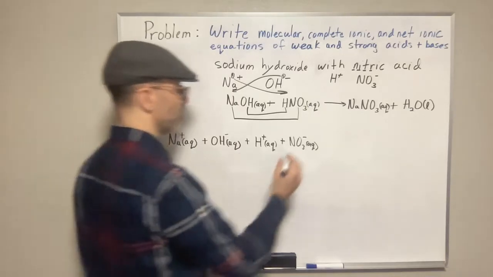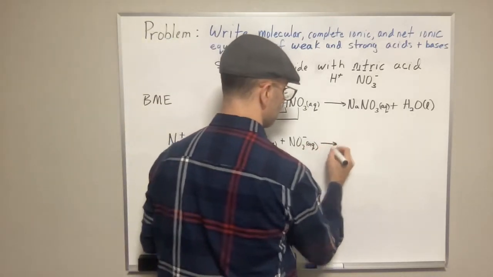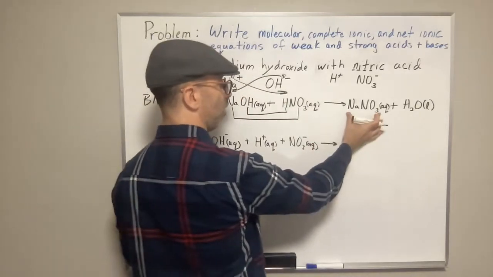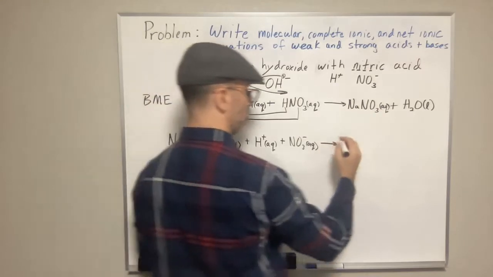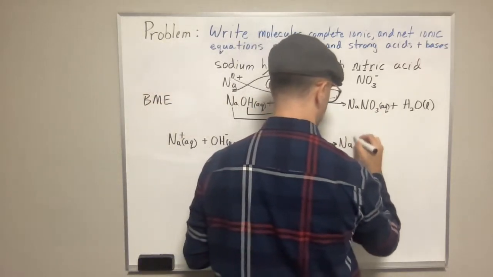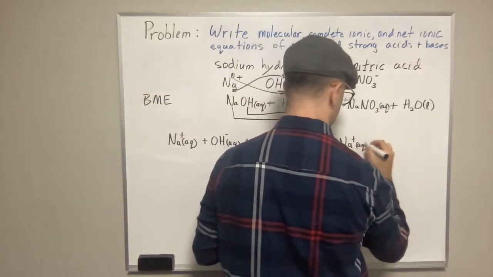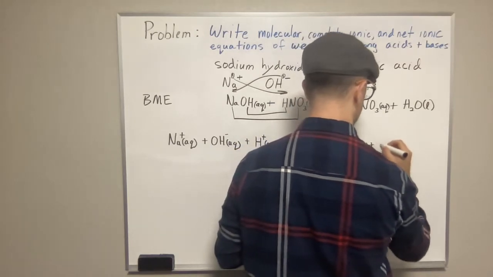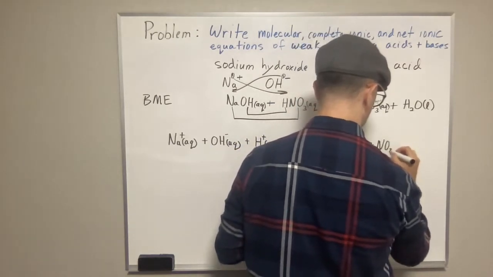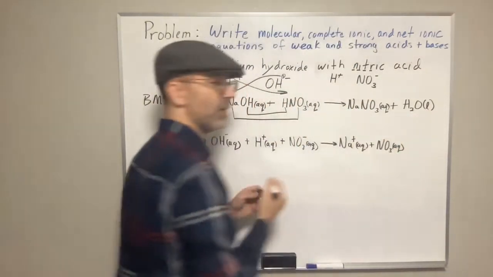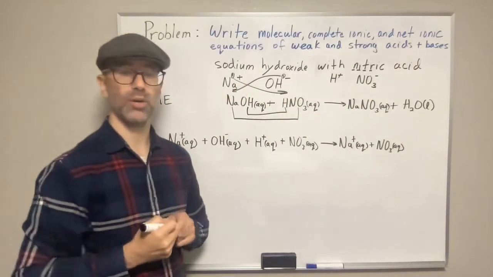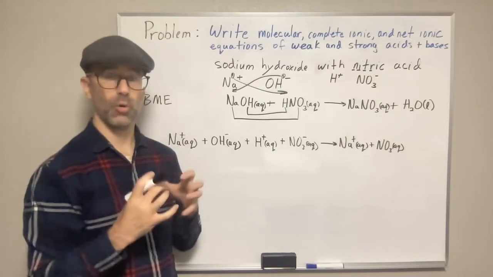So now we can do our product. And so again, we have our sodium nitrate aqueous. So those are going to be separated. So we have Na+ aqueous plus NO3- aqueous. And then for water, anytime you have a solid, liquid, or gas that forms, those are going to stay together.